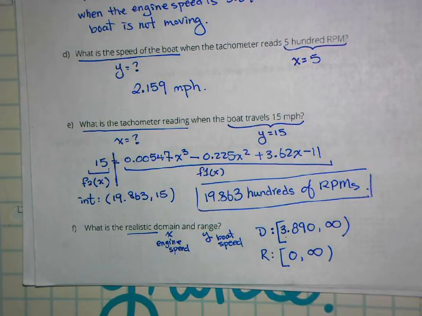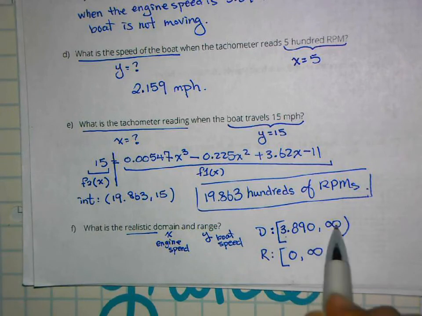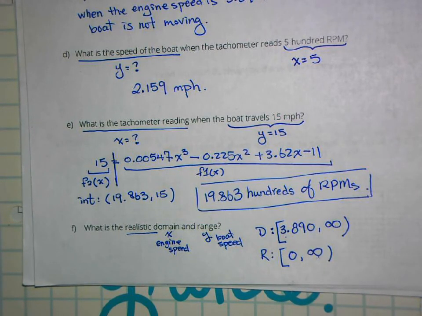Depending on how high the horsepower is, the boat could go as fast as it wants. How realistic is that? Probably not too much, but it's realistic given what I know about the speed of a boat. I can always go research the top boat speed, and then get an endpoint for my engine speed and for my boat speed. Either way works.